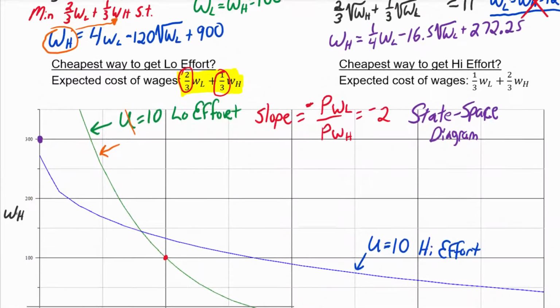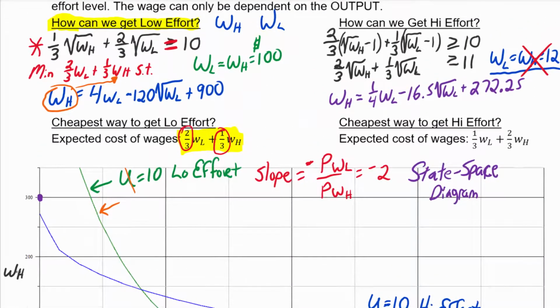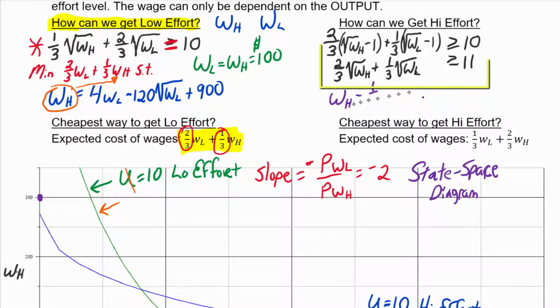All right, so we actually need to have two equations here at the same time. One is the one we wrote down here, but then we need a second equation that is related to the idea that they're providing us low effort here. So we need to guarantee that if they provide us low effort, their utility will be less than or equal to 10. In fact, we kind of want it to be binding, right?